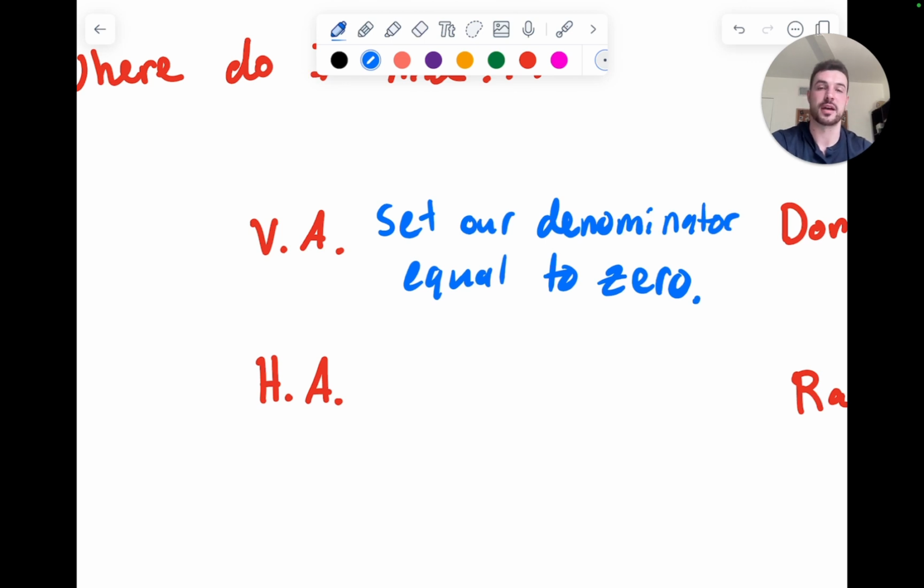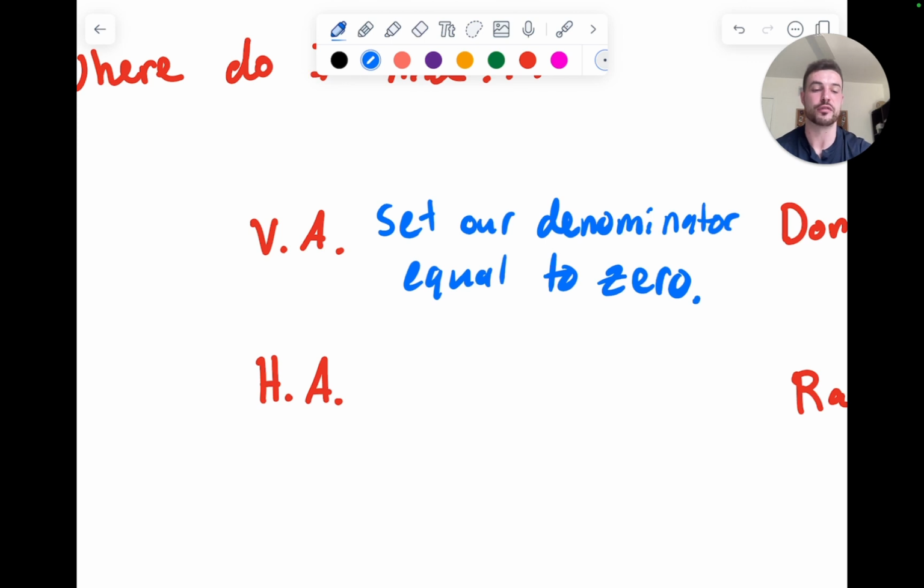Now, our horizontal asymptote is essentially what's going to happen really far to the left and right side of our function. It's our end behavior. To determine where that comes from, I like to think about it as looking at what we call the most dominant terms. It's the values in your numerator and denominator that have the highest exponent.